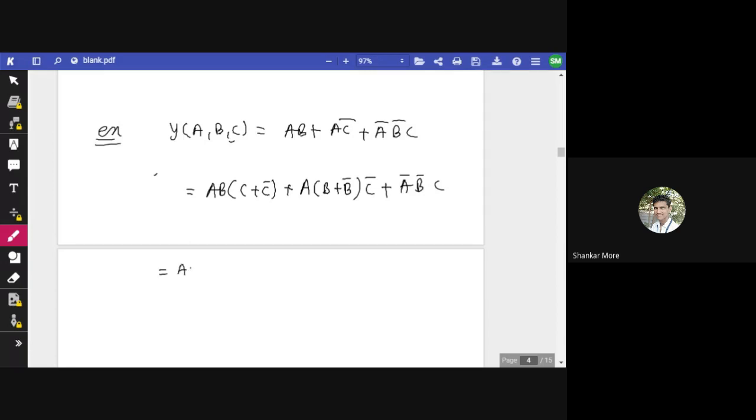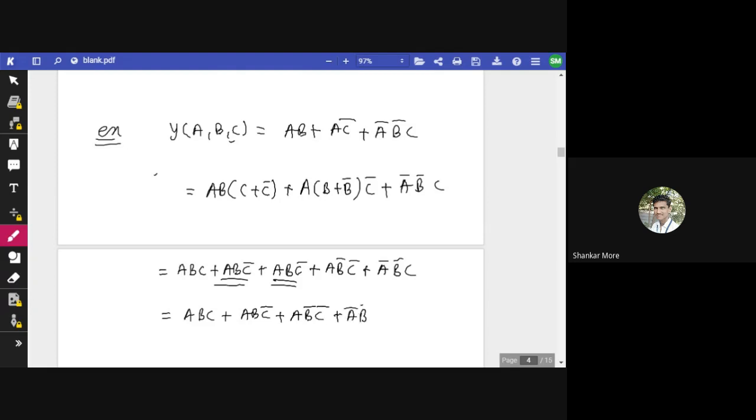We have a b c plus a b c bar plus a b c bar plus a b bar c bar plus a bar b bar c. So these two terms are repeated, so we'll write it once only. So it is a b c plus a b c bar plus a b bar c bar plus a bar b bar c. Shardul or Raman, please let me know if it is correct or wrong.